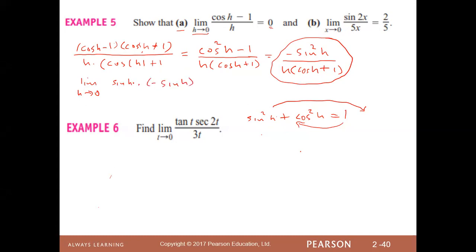This is multiplication. Just multiplied by each other. Is everybody following here? And then we can put over here h. And we can put over here what? Cosine h plus 1, right? Now, limit of the product is the product of the limits, right?